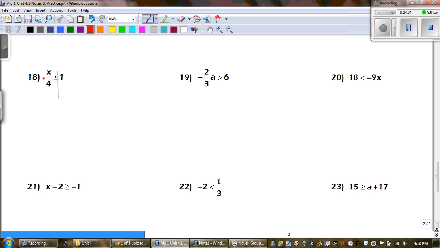Well, remember that means division, and the opposite of division is multiplication. So we have to multiply both sides, and we get x is less than or equal to 4. So is it opened or closed? It's closed, and we shade to the left.